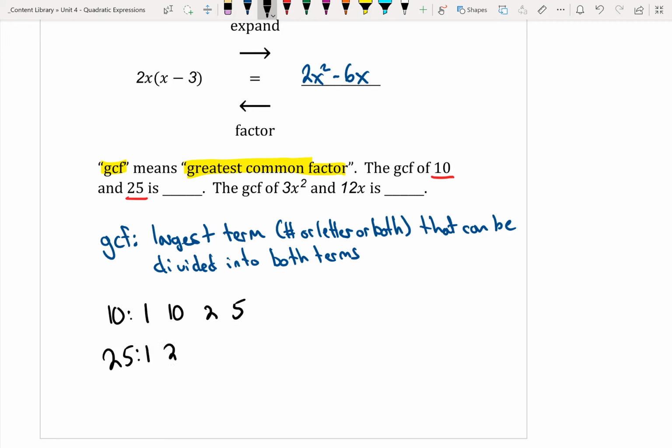There's 1 and 25, and then there's 5 and 5. So basically, when you're finding the greatest common factor, you're looking for the largest term that can be divided into them nicely, right? So you're not worried about the decimal numbers or anything like that. So looking at all these numbers that can be divided into both of them, the largest one we see is 5. So that means that the greatest common factor between 10 and 25 is 5.